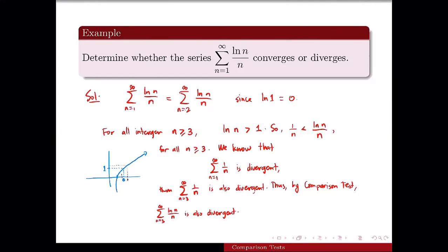And therefore, even if you start from 2, the series will also be divergent. Therefore, the series starting from 2 to plus infinity of ln n over n is also divergent.